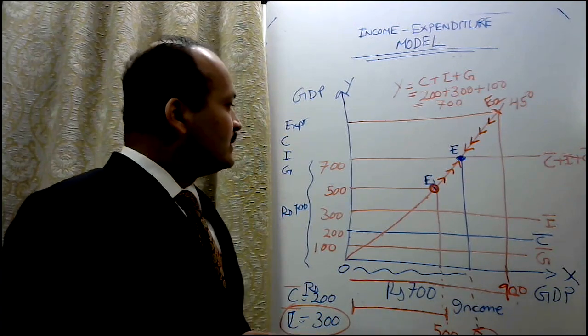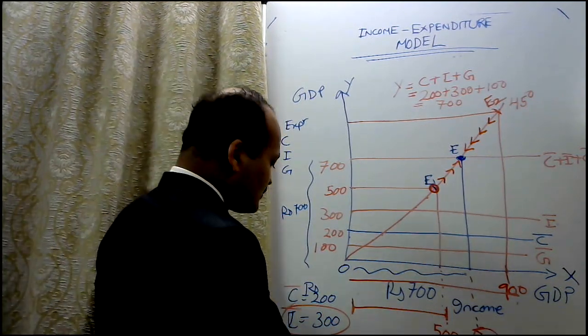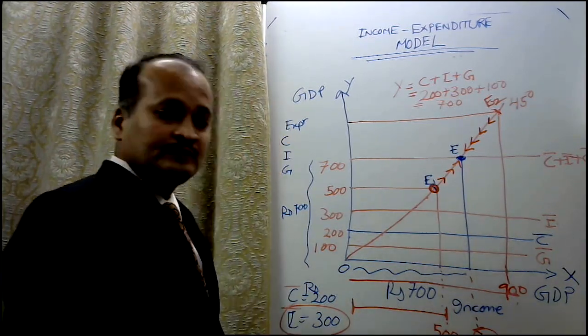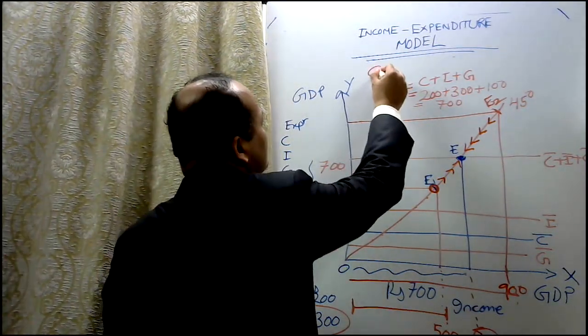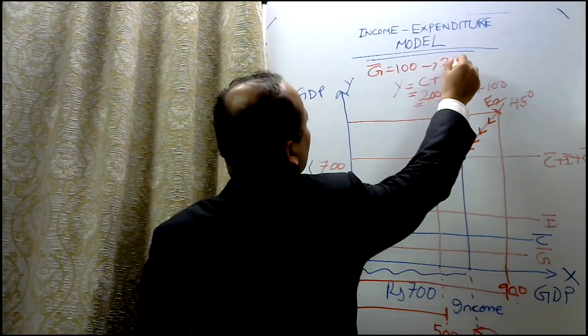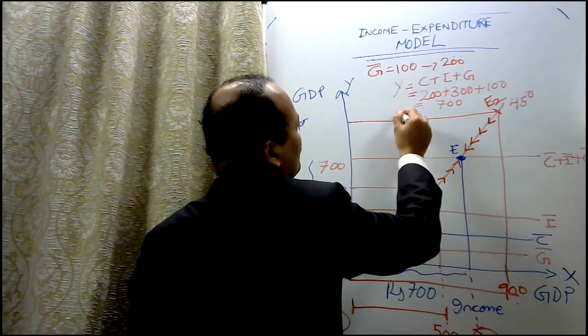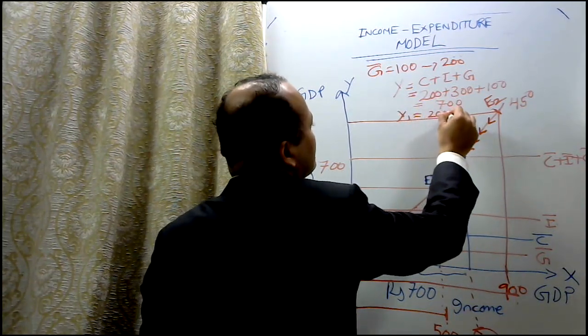Now, suppose for some reason government spending increases from 100 to say 200. If government spending increases from G bar, which was 100, to 200, what will happen in this case? My Y will become Y1: 200 plus 300 plus 200.